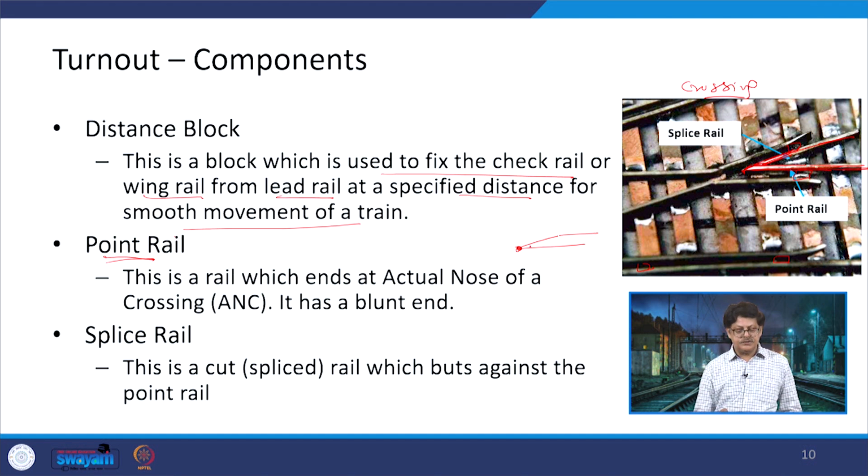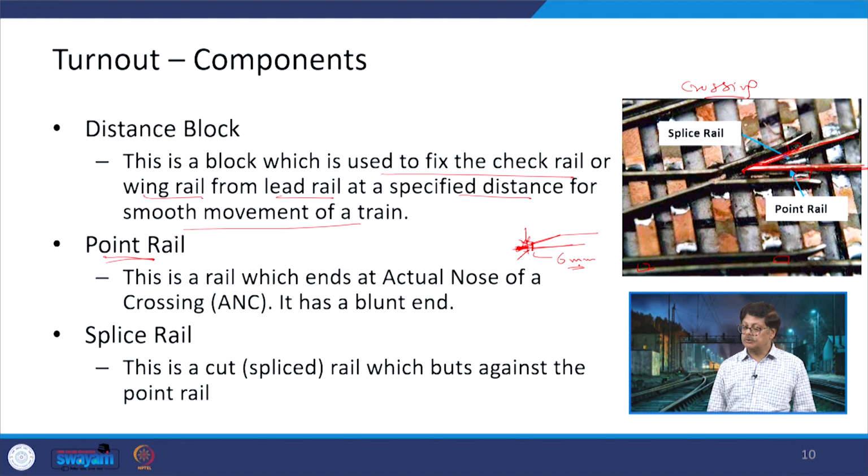Whereas in another case, we just cut it here and provide a shape in this form, which means there is a certain thickness. The reason is that because of very little thickness, if the load comes on this, it can break down. So, that is the reason we blunt it here, and this blunting is actually 6 mm thick.